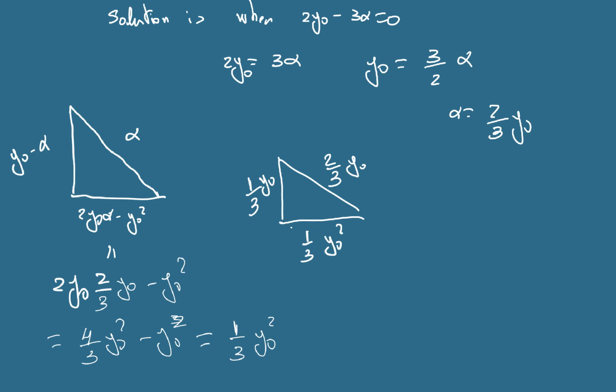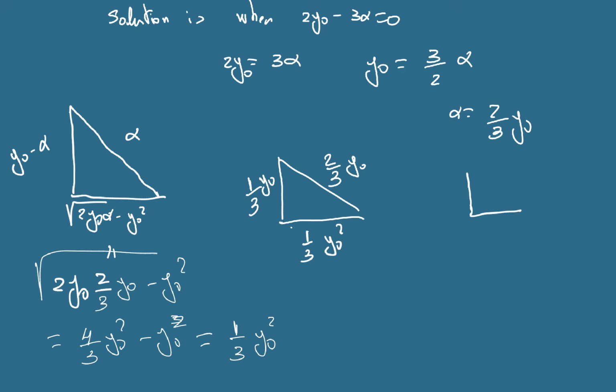So if I divide by y0, I create a new triangle, more unitary. The triangle will be 1/3. I'm sorry, here is a square root.